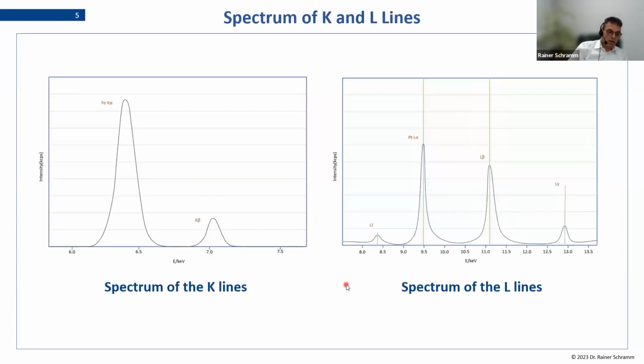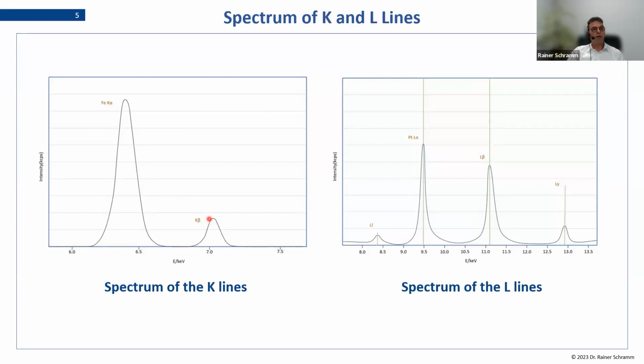Generally, we distinguish two types of lines. One series is called the K lines, and the other series is called the L lines. There might also be M lines additionally, and they always come in a certain pattern. What is important for me today is, when we talk about intensity in the calibration model, where this intensity is coming from.